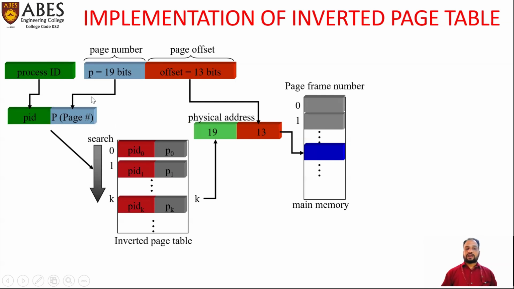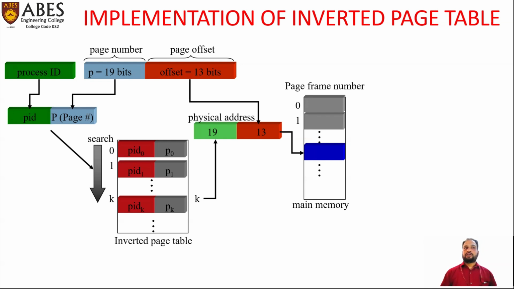Collectively this is used to uniquely identify which particular process we are looking into and which particular page number we are searching for. As different processes can have similar virtual addresses, that is possible.